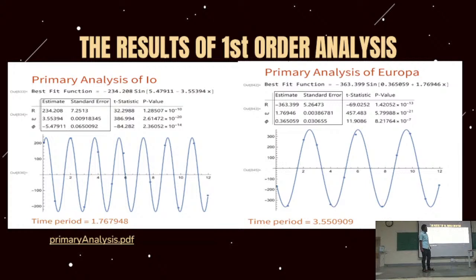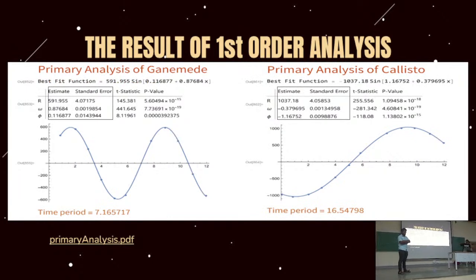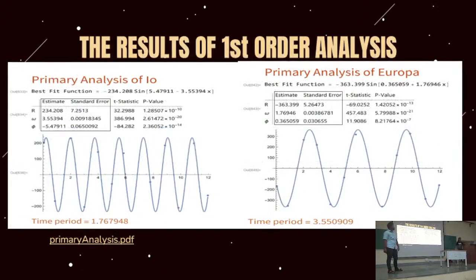The error we get for the time period of each moon tends to be very low. But as I said, this is the first-hour analysis that we did, and we got these values with pretty low error.